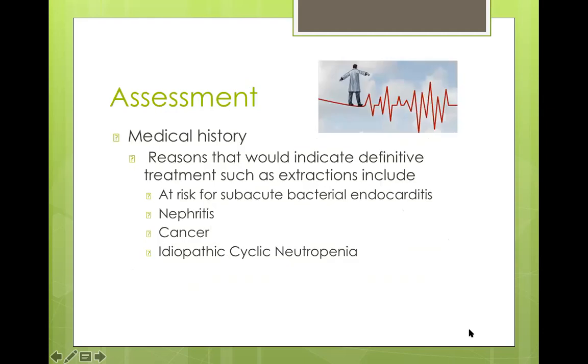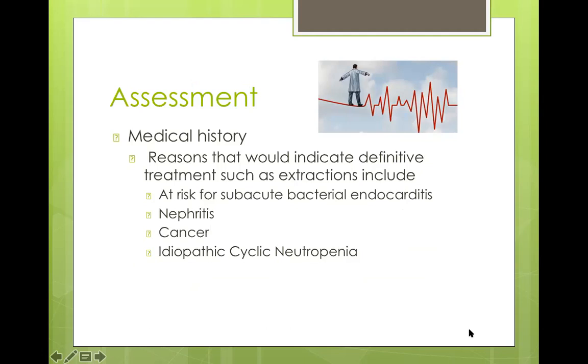So for your medical history, you really want to know if there's any underlying issues with this child. The important thing to note is we're going into the pulp, and in the pulp we have the neurovascular bundle. So besides the nerves, we have the blood vessels. So this is a way where you can introduce, if you're not careful, infection into the bloodstream.